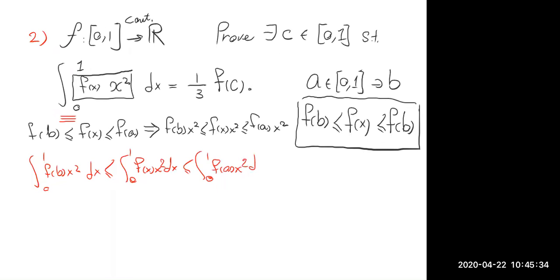But here, f of b is a constant number, so f of b can come out of the integral. So this thing is equal to f of b times the integral from 0 to 1 of x squared dx.